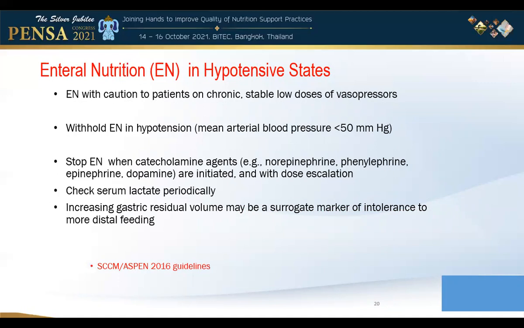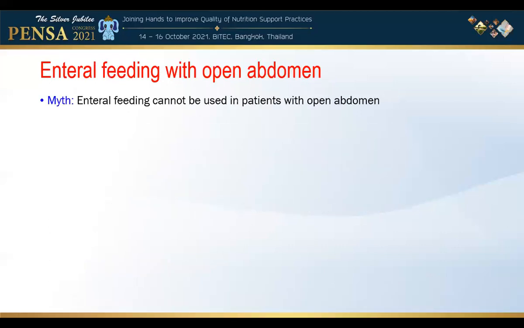When you have a patient with hypotension which is stable, enteral feeding can be started at slow rates, and you check the serum lactate level periodically. And also, this may be one condition where you may check the gastric residual volume, because it may be a surrogate marker of intolerance to more distal feeding.